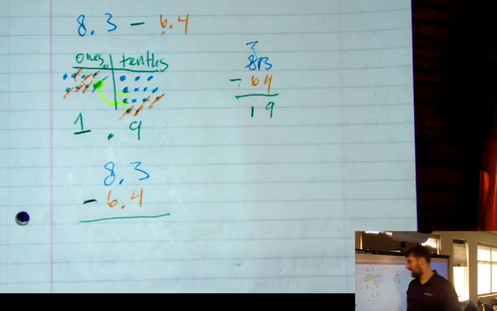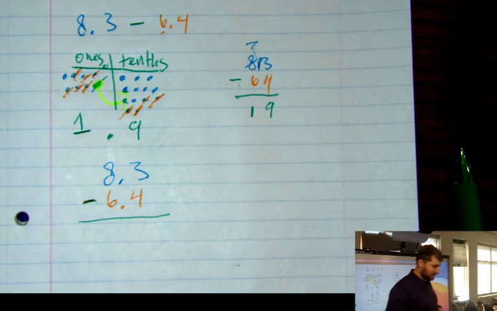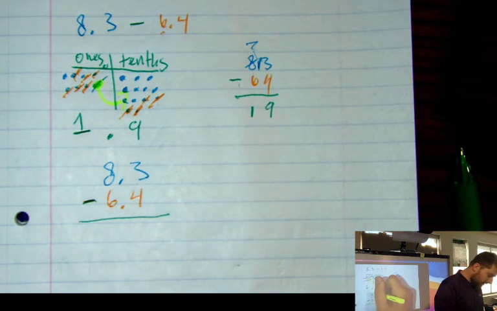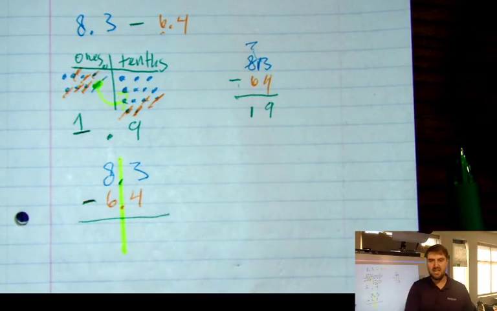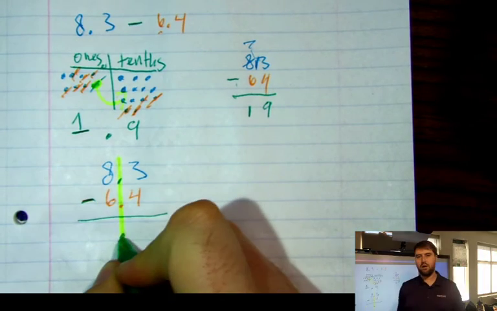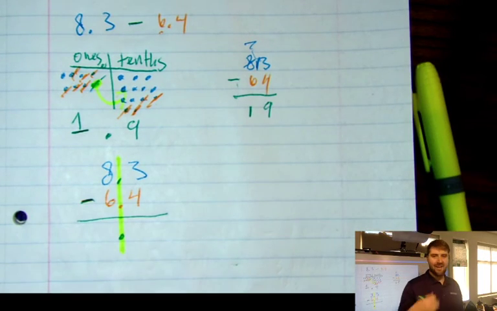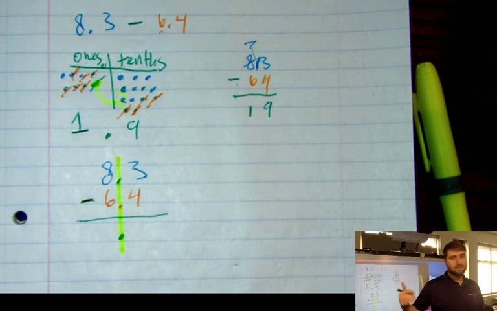So our decimal place in our answer is going to be in the same line. We say, hey, we can't do 3 minus 4. We don't have enough. If I have $3, I can't give you 4. I gotta borrow some from my mother.